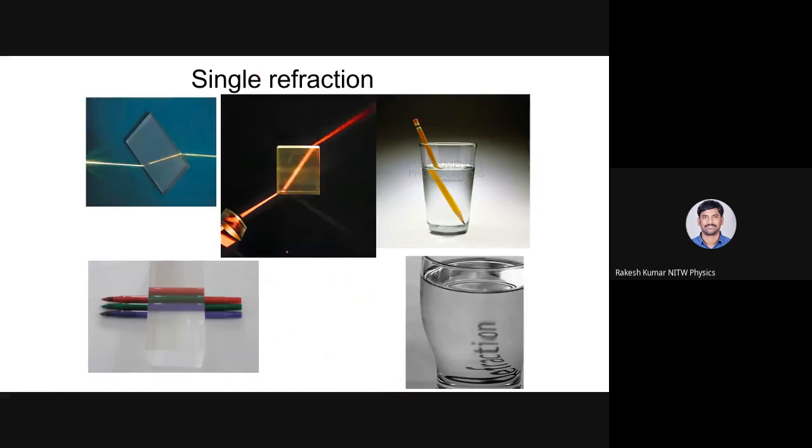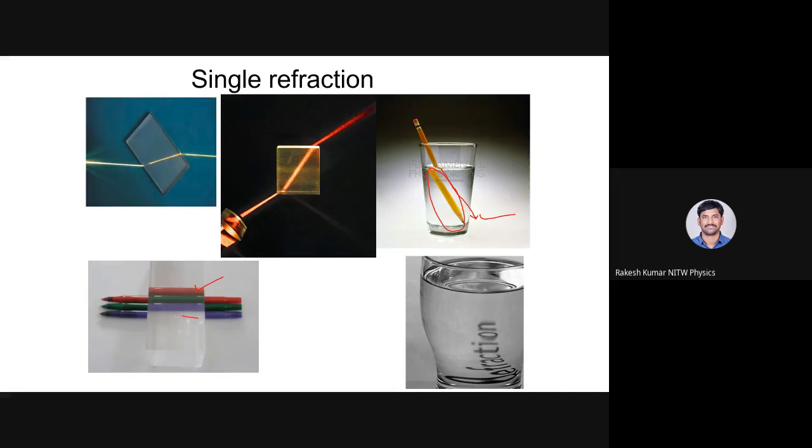Many of you must have seen these images in day-to-day life. Have you seen this kind of image, especially this? Yes, sir. Why is the pencil bent away from its direction? It is supposed to be in this direction, right?